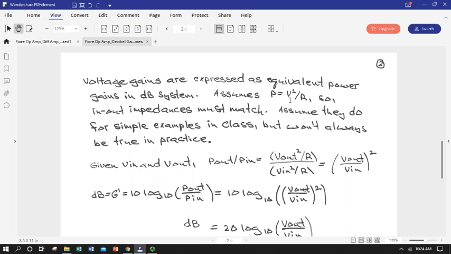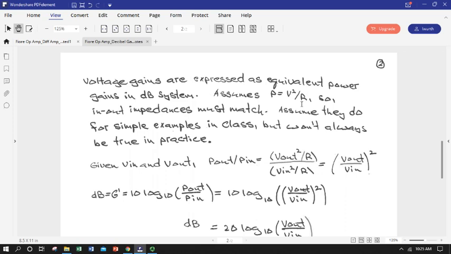So what we're really saying when we say decibel gain in terms of voltage is we're saying what would the equivalent power gain on the log scale be for a given voltage ratio. And to calculate that, all we do is invoke Joule's law and say, well, the power input to my amplifier is the input voltage squared over the resistance of the amplifier, and this would of course be its input impedance.